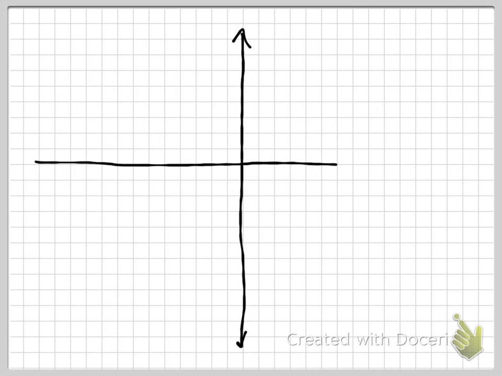So I'm going to go to the next page, and let's see if I can recreate this one. Let's see, how far do I need to go? Let's go up to 5.